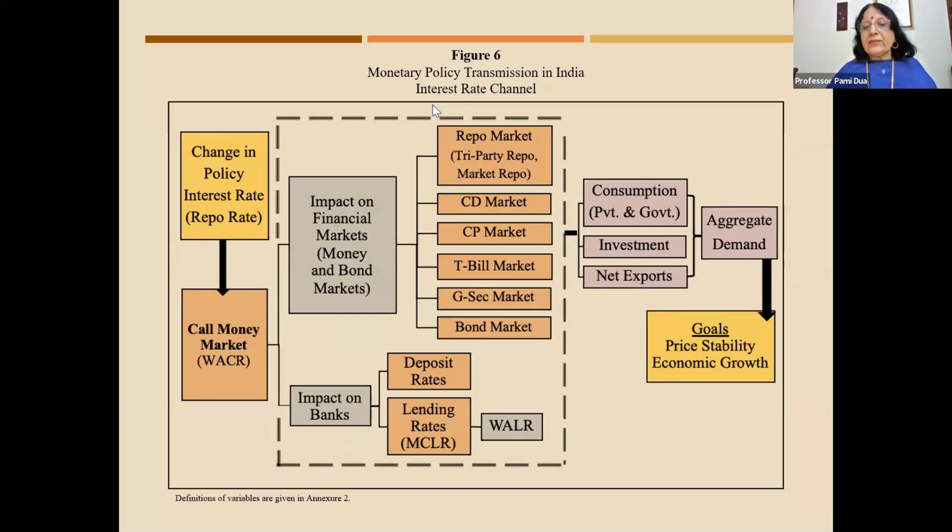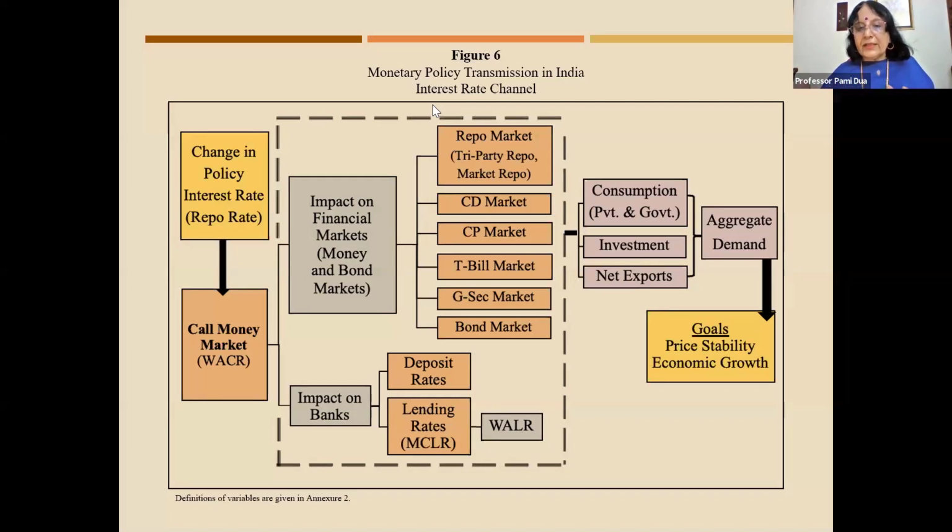So what is the weighted average lending rate? The banks are lending to different sectors. So for each sector, you can have a lending rate, and then you can take a weighted average of that, which will give you the weighted average lending rate. Now there are two kinds of loans. One is a fresh loan. So if the policy rate changes, then for the fresh loans, that will be more responsive to a change in the policy rate.